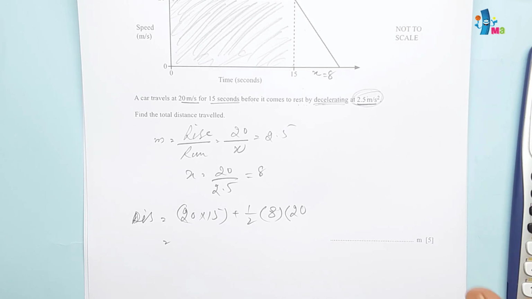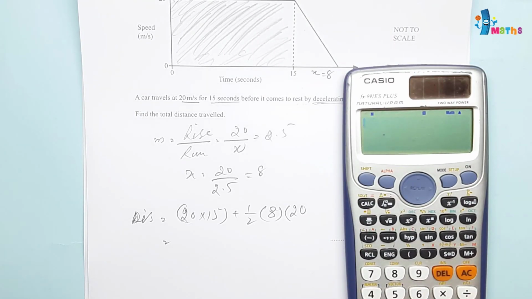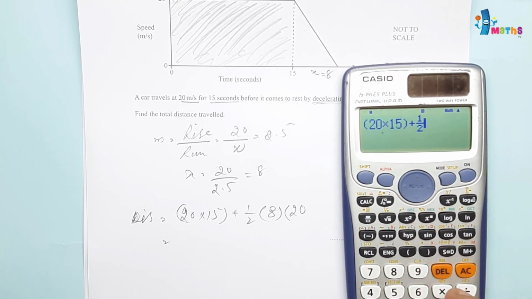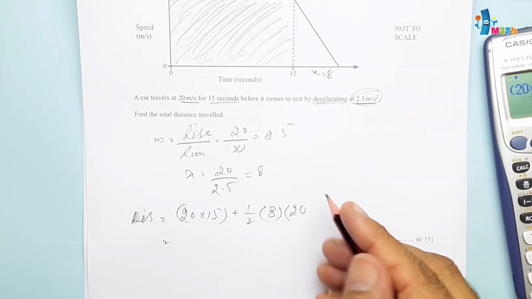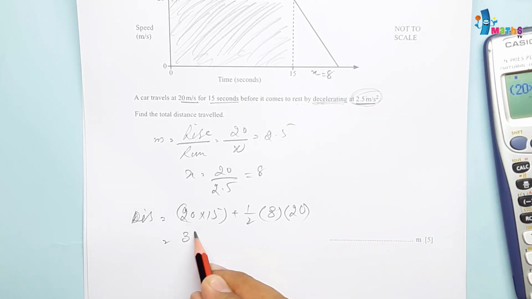And we can calculate this one by 20 into 15 plus 1 by 2 into 8 into 20. This will be equal to 380. So this is equal to 380.